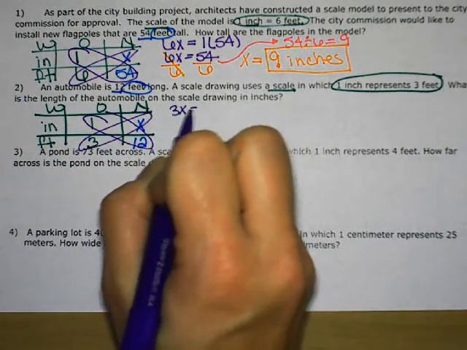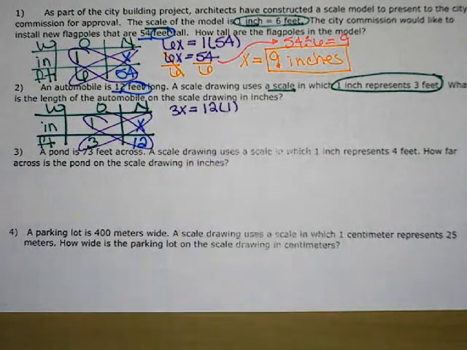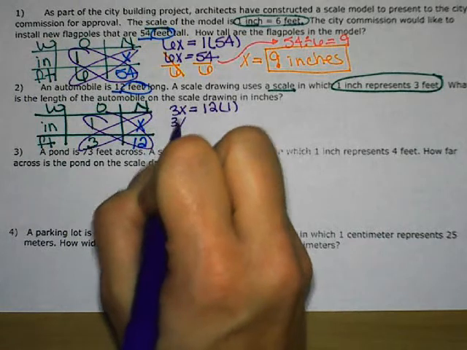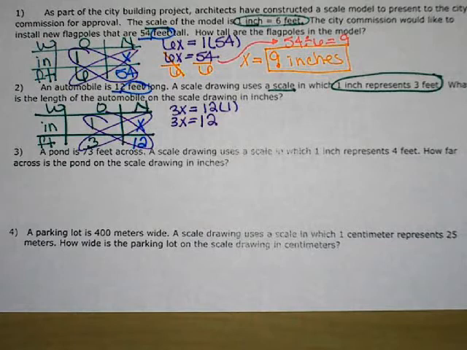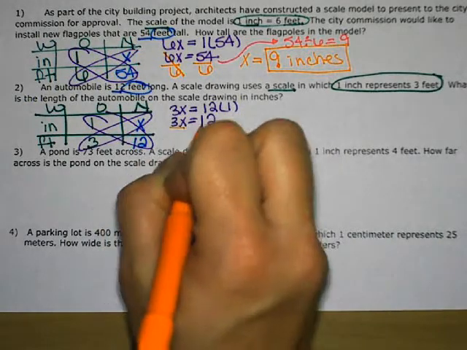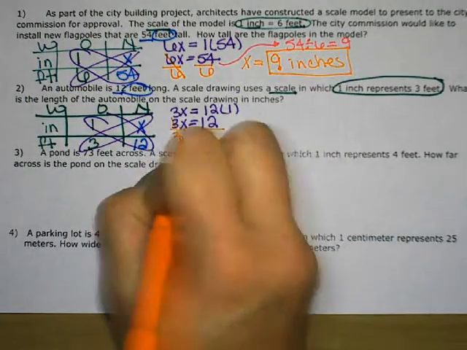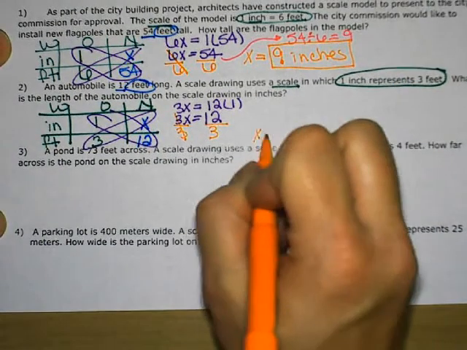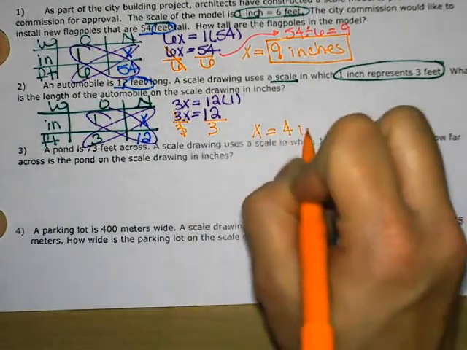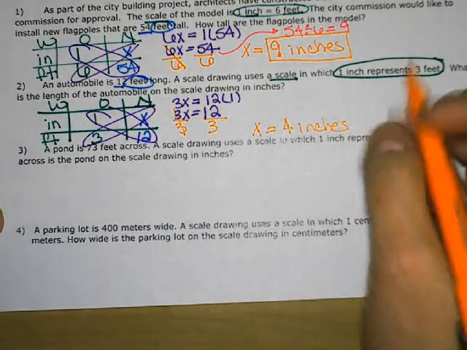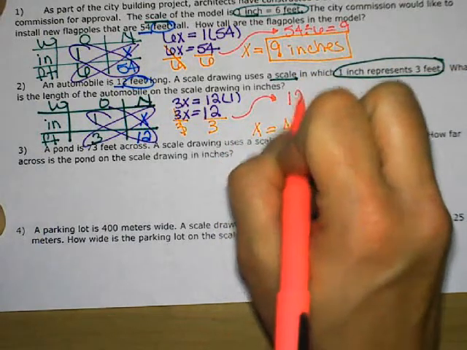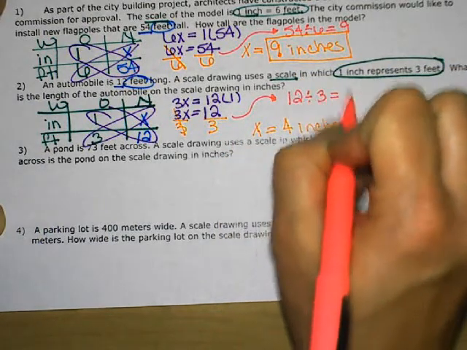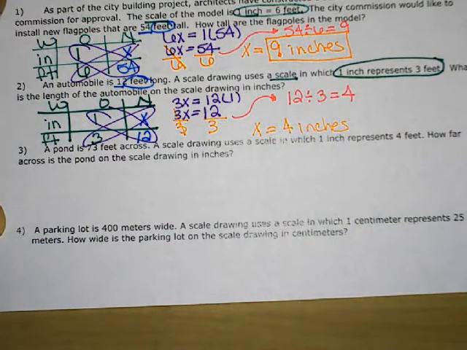I get 3 times x equals 12 times 1. And you want to make sure that you're showing all your steps. So the first thing I'm going to do is multiply 12 times 1, which is 12. I will then divide both sides of the equation by 3. And I know that x equals 4 inches because this fraction is equivalent to 12 divided by 3, which equals 4.